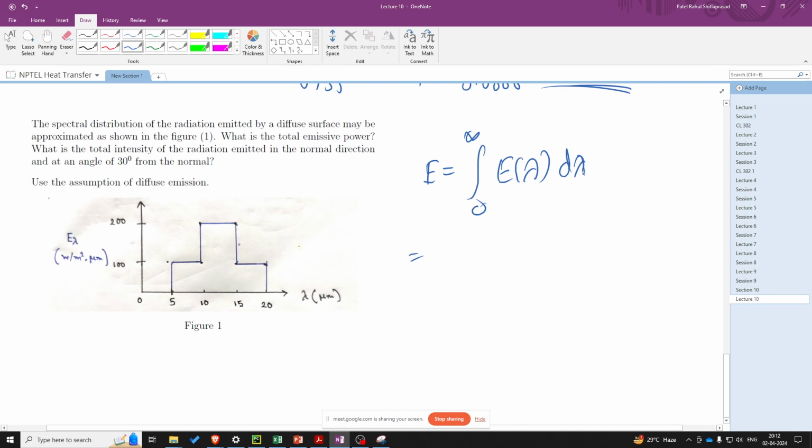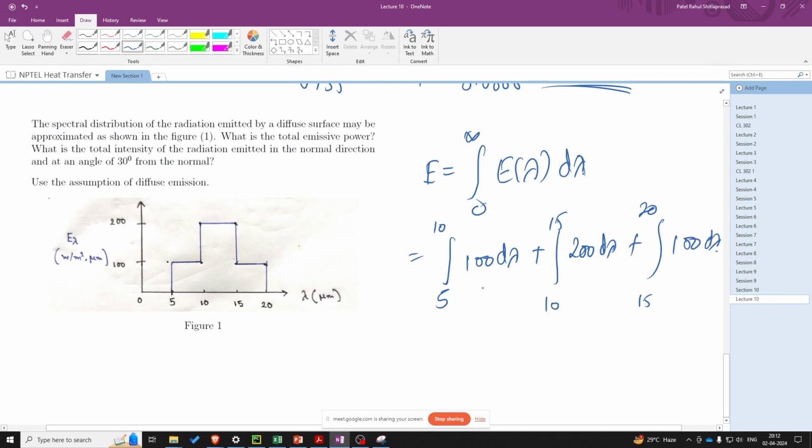From 0 to 5 it will be 0, so you can neglect that. And from 5 to 10, integration of 100 d lambda, plus integration from 10 to 15 of 200 d lambda, plus integration from 15 to 20 of 100 d lambda.